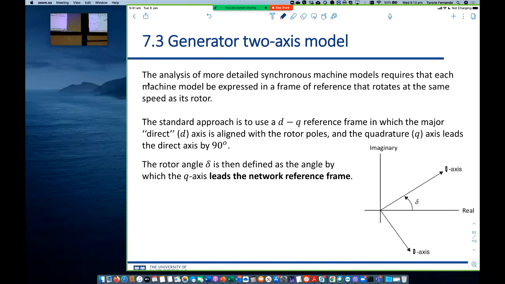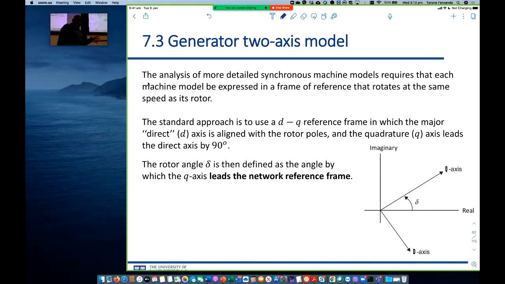The only difference between the two is that there is an angular displacement delta between them. So if I have a vector in the imaginary and real reference frame and I want it in the DQ reference frame, all I have to do is change the angle by 90 minus theta.